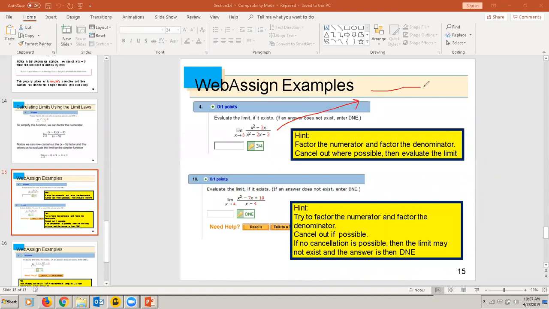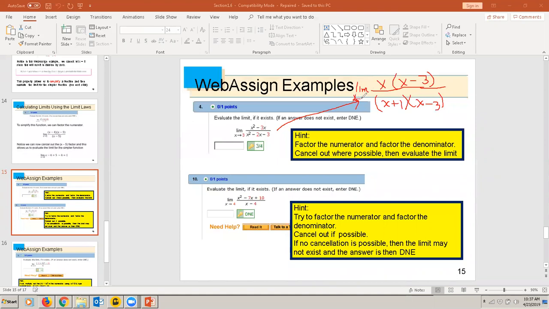All right, let me look at the top. I'm noticing that I can factor an x out on top. If I factor an x out on top, I end up with x times x minus 3. Let me try to factor the bottom as two binomials. If I factor the bottom, you might notice I can rewrite it as x plus 1 times x minus 3. Remember, we're still taking the limit as x goes to 3.